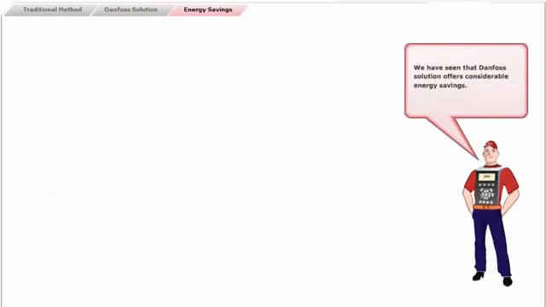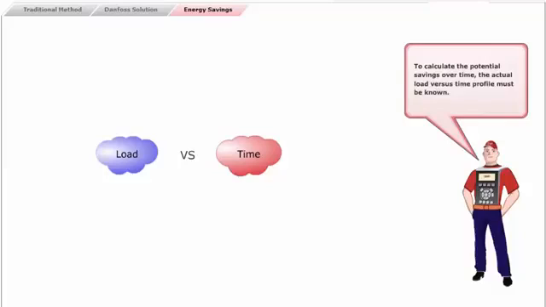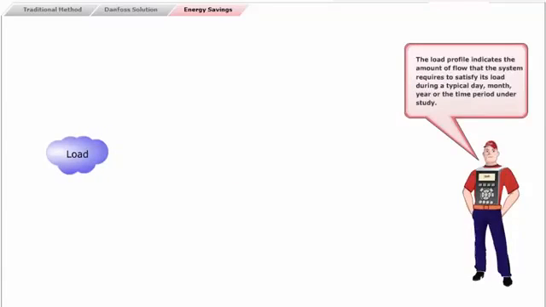We have seen that the Danfoss solution offers considerable energy savings. To calculate the potential savings over time, the actual load versus time profile must be known. The load profile indicates the amount of flow that the system requires to satisfy its load during a typical day, month, year, or the time period under study.